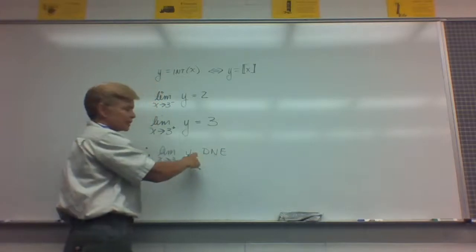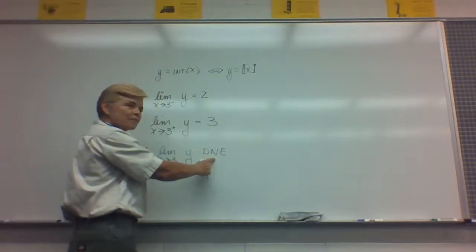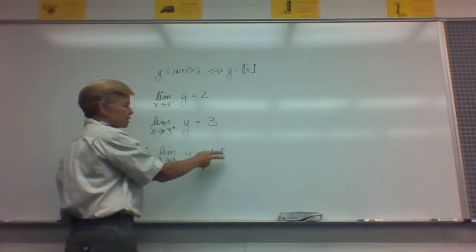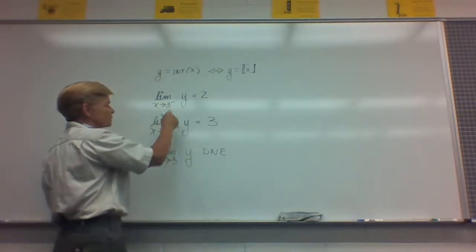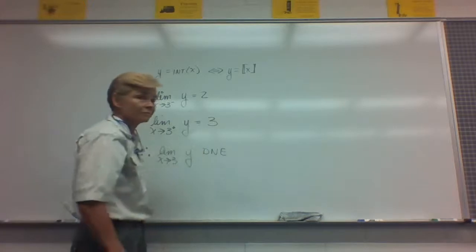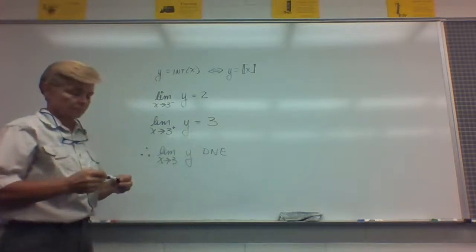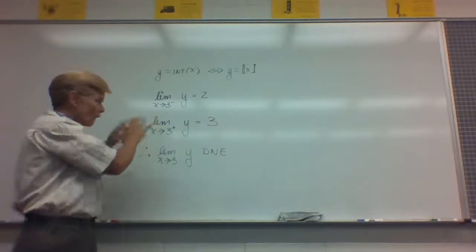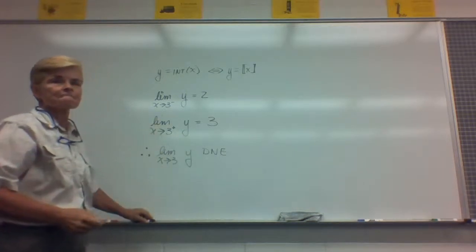Don't write equals here because you can't equal something that doesn't exist, okay? The limit as we approach 3 of the function doesn't exist because the limit from the left and the limit from the right are not equal. That's the conclusion we make. Y'all follow that? This is the way of writing those ideas.